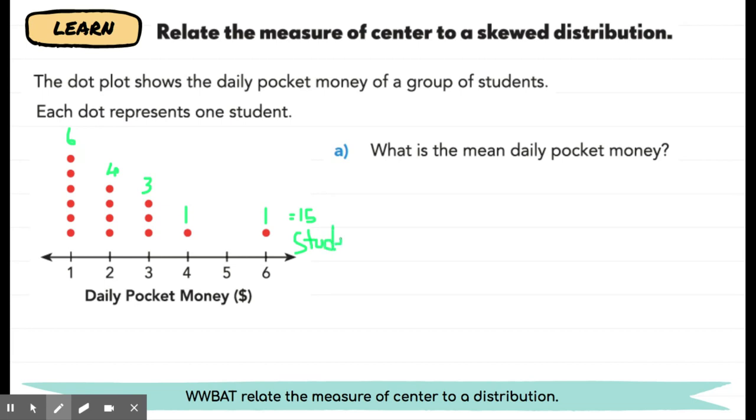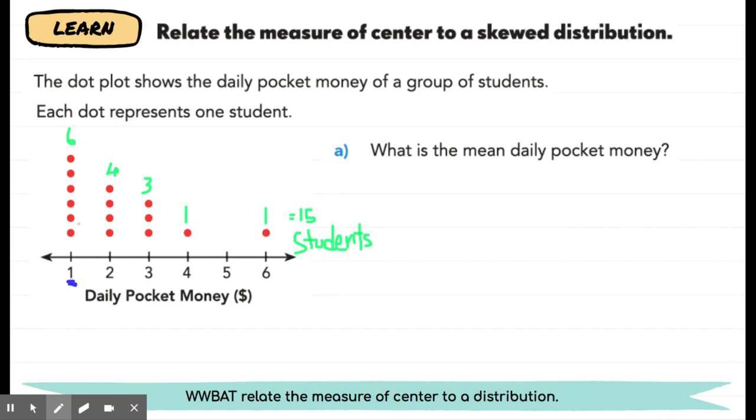The first question asks, what is the mean daily pocket money? So in order to find the mean, we are going to add all the values and then divide by 15, which is the number of items. So let's start off by remembering that when you have a dot plot, you have to multiply the value and the frequency in order to get the whole picture of the data.